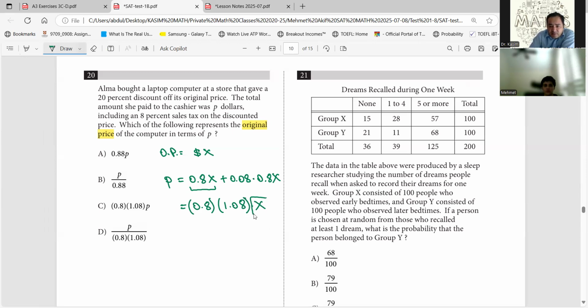The question is asking for the original price. The original price is the amount of money you paid, P, divided by the discount times the tax factor. So it should be D.